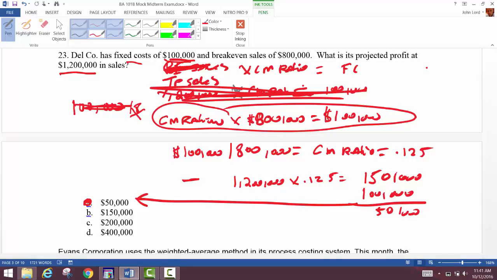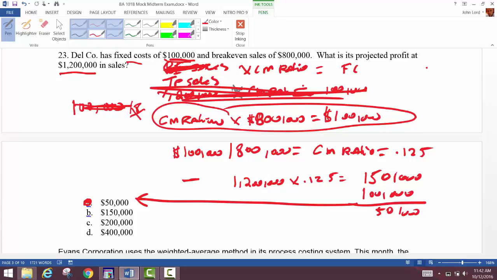Guys, we've said this 1,000 times now. Contribution margin ratio, times my break-even sales, has to equal my fixed cost, right?